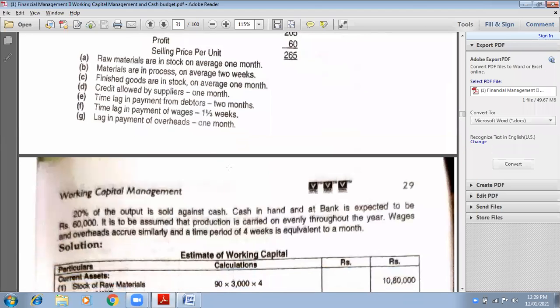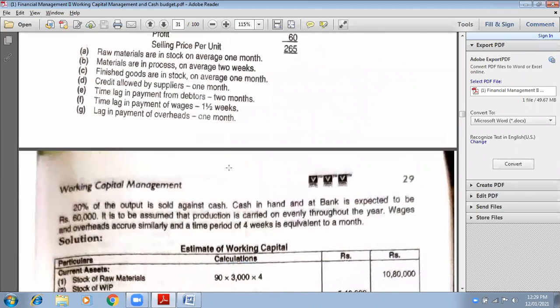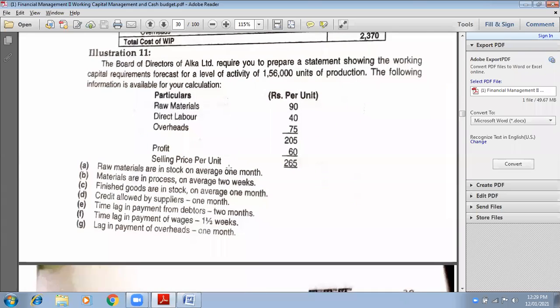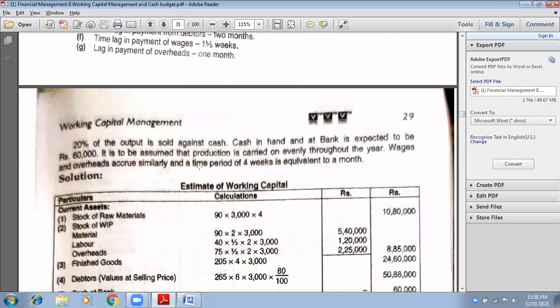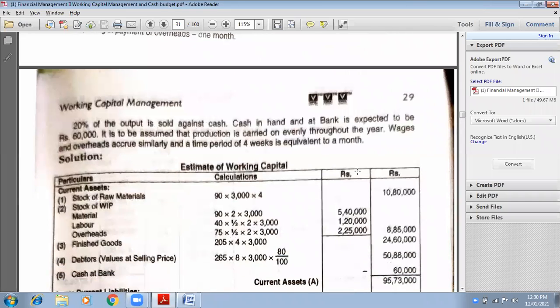Very good. Just now we calculated in working note number 1, 3,000. 3,000 into rate. What is the rate? 90. So how will you multiply? 3,000 into 90 into 4. So what is your answer of stock of raw material?